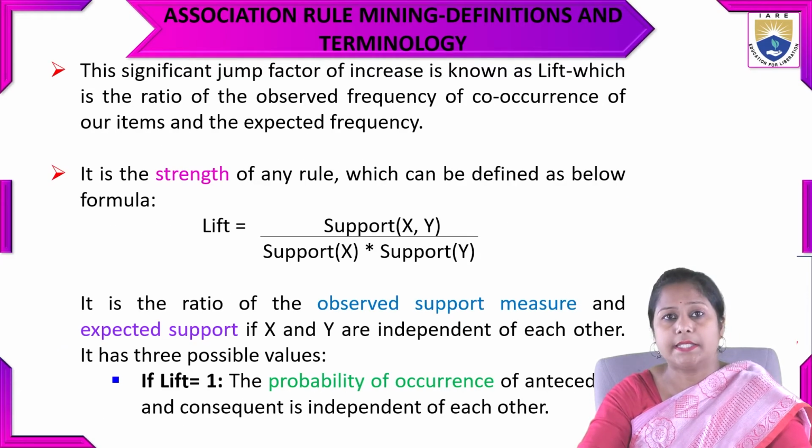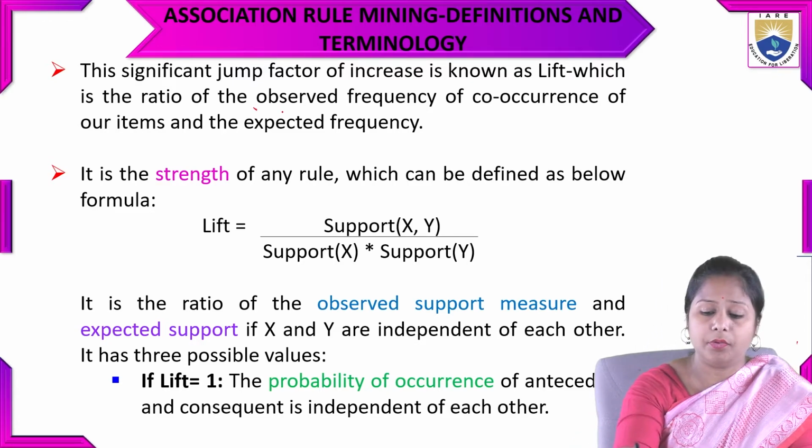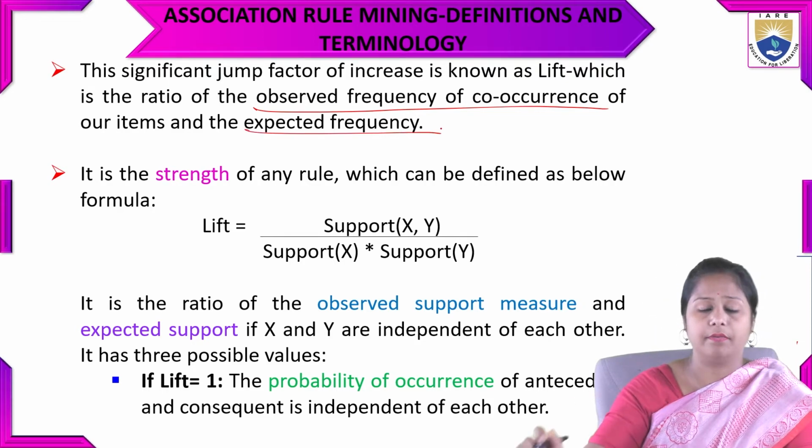Now, this significant jump, an increase, is known as lift. If such a sudden, significant jump factor is there, it is called lift. It is the ratio of the observed frequency of co-occurrence of our items and the expected frequency.